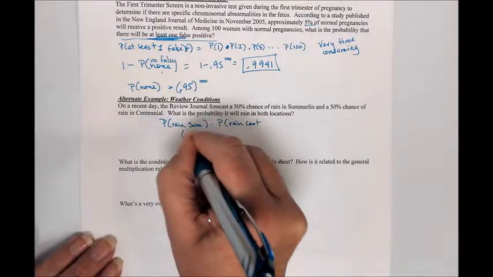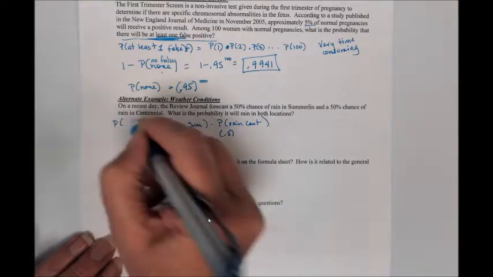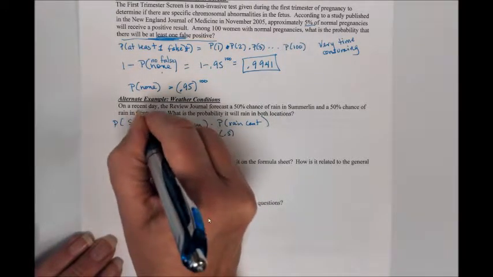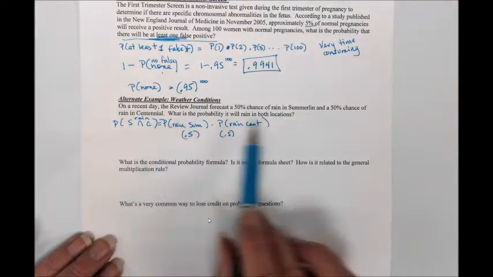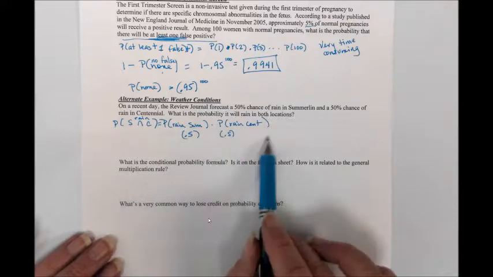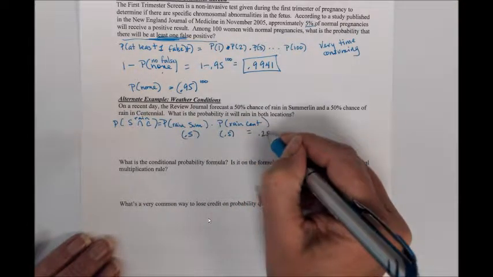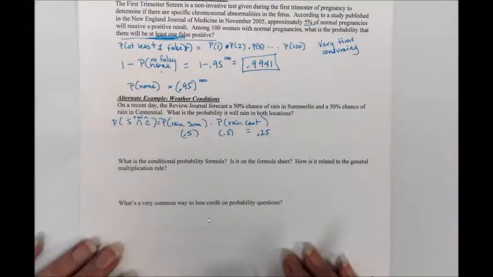Is it 0.5 times 0.5? So this is the probability of Summerlin and Centennial that it'll rain in both. If I use this rule, I am assuming independence, but I don't see the word independent there. So does that mean that there's a 25% chance it will rain in both parts?